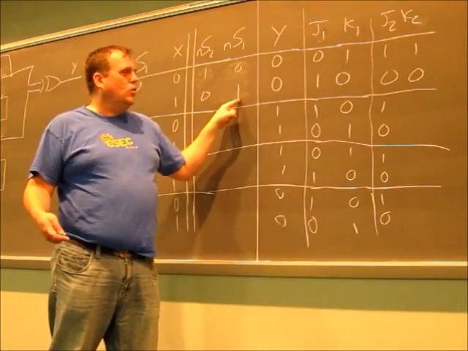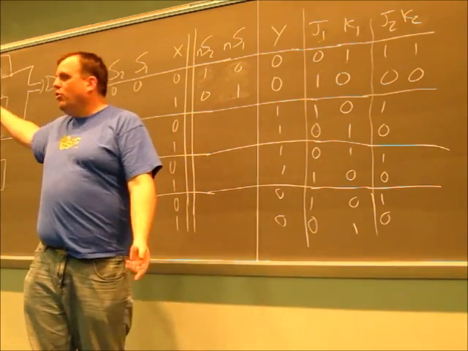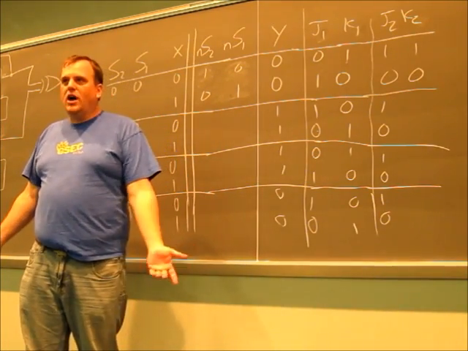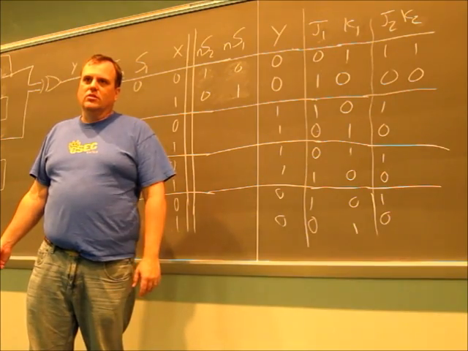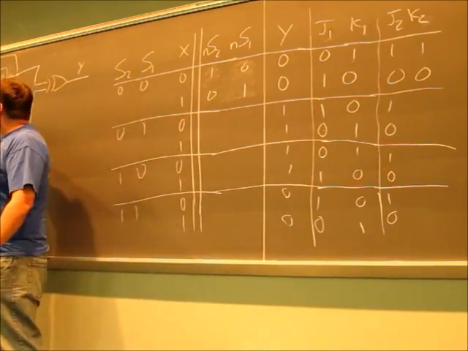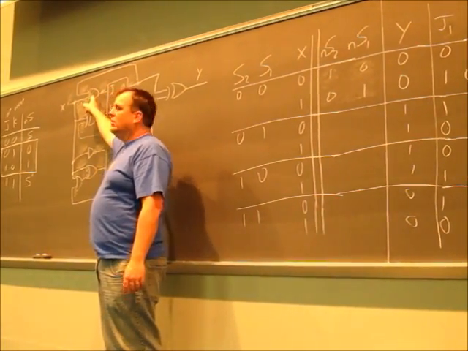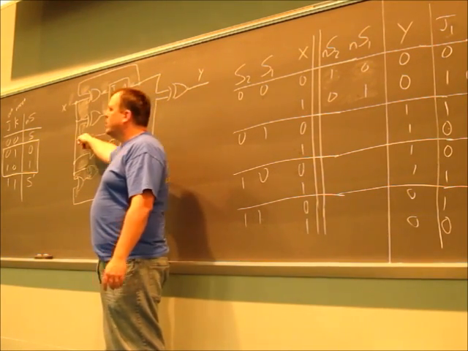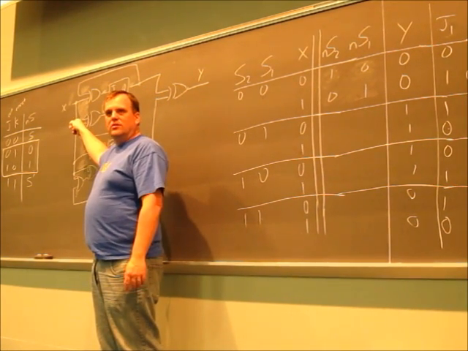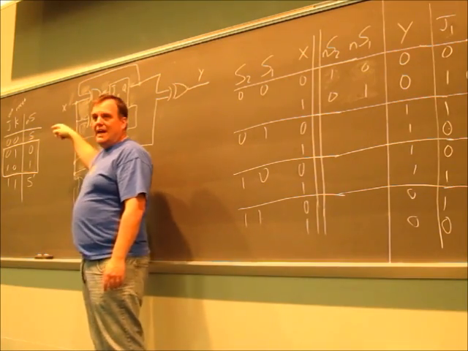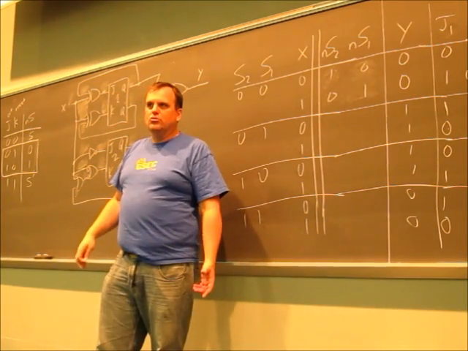A 1 gave us a 1. But we now know from looking at how the table is formed, it's got to do that. Because of the way I wired up these exclusive ORs, one of them taking Q, the other taking Q prime, with the other wire both being X, forces it to behave that way.